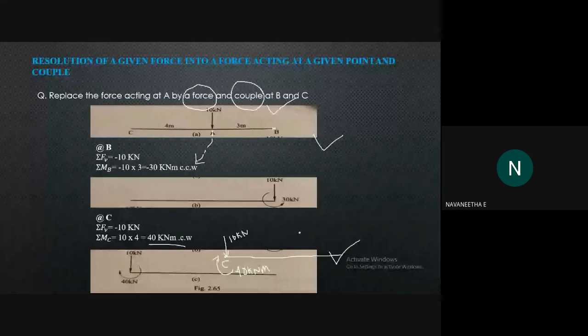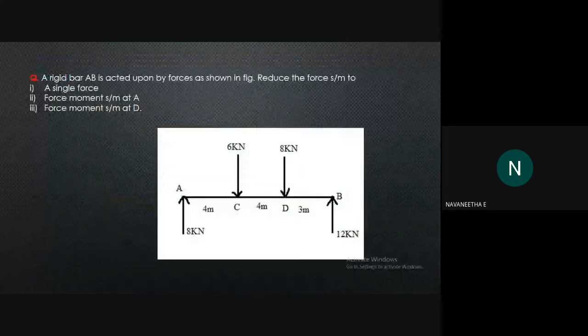So now do another problem. A rigid bar AB is acted upon by forces as shown in the figure. Reduce the force system to a single force. Single force means we have to find out the resultant, right?